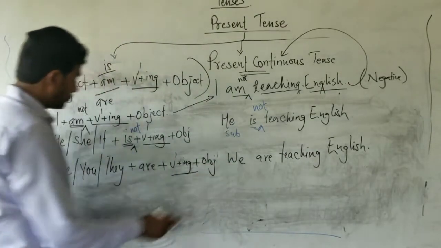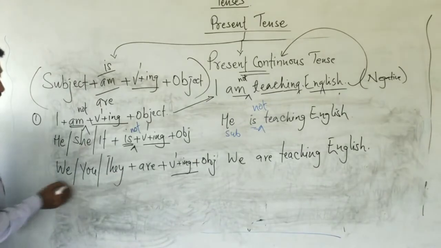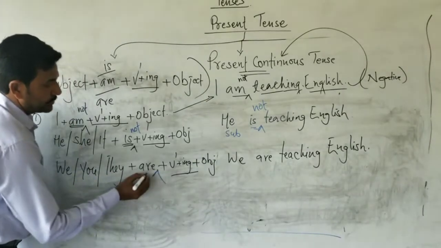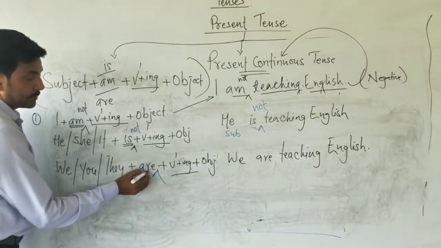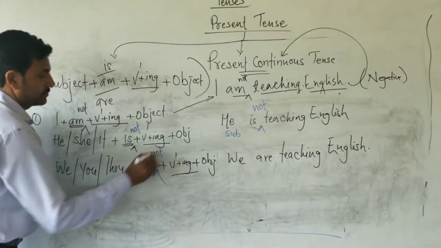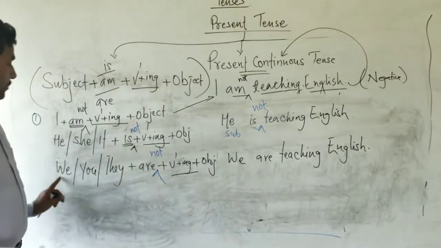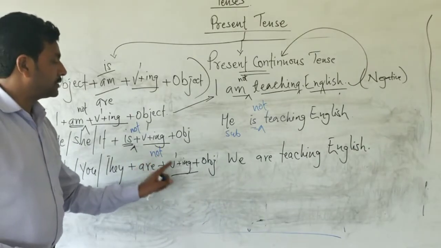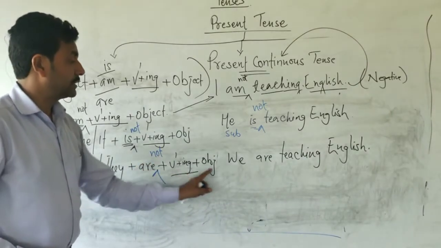This sentence, how to make it negative? After the subject you just use the auxiliary verb followed by not. This will become negative. We are not teaching English.